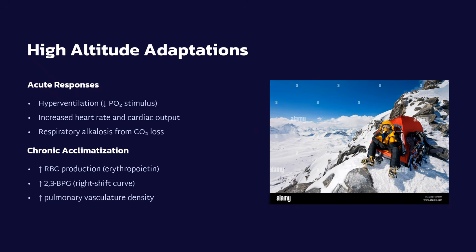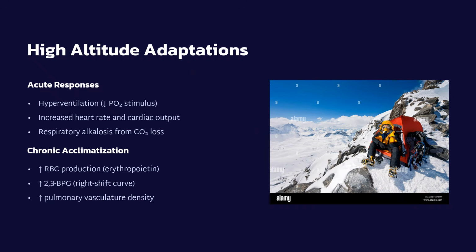How about for those mountain climbers? We have the acute response. At first, there will be hyperventilation because of the decrease in your PO2 stimulus. There will be increased heart rate and cardiac output, and respiratory alkalosis from CO2 loss.